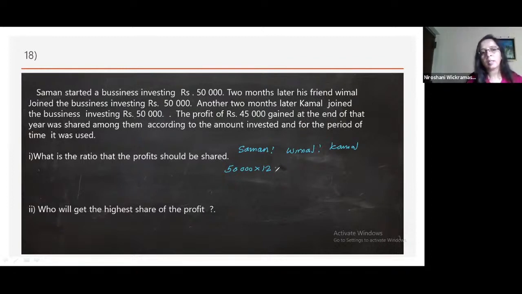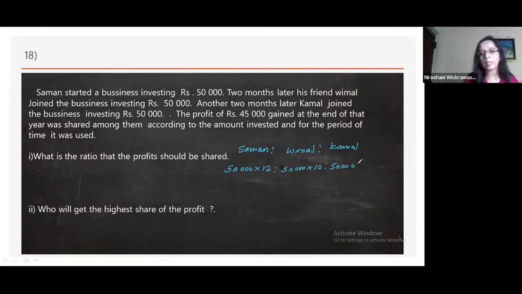It means he is investing 50,000, and 2 months later means he invested for 10 months. And Kamal joined the business. Kamal also invested 50,000, right? Another 2 months later.